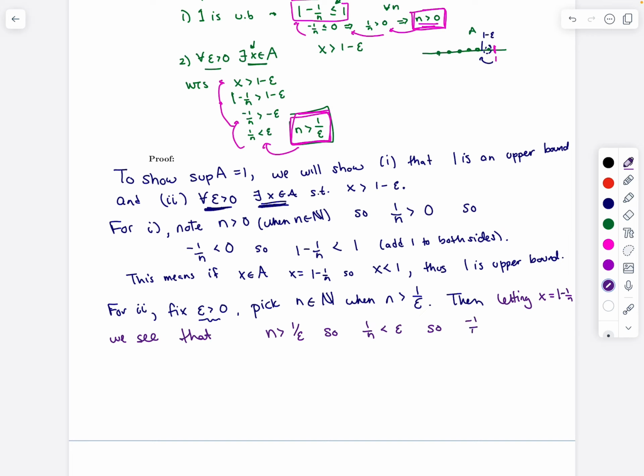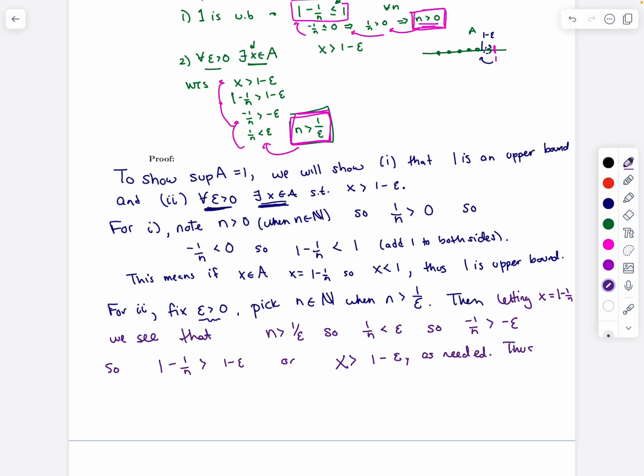So negative 1 over n is less than negative epsilon. So 1 minus 1 over n is less than 1 minus epsilon. Or x is less than 1 minus epsilon. Oh no, I went the wrong way. What did I do? Oh, sorry. Here we go. This one should have been a greater than, because I multiplied both sides by negative 1. And so that's a greater than, and so that's a greater than. Perfect. That's what we wanted to show.